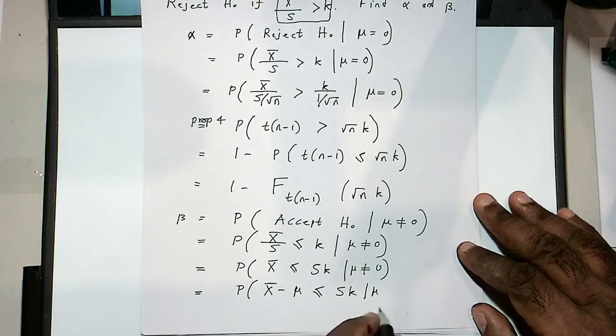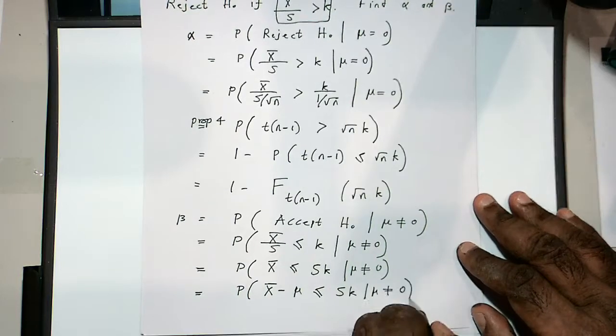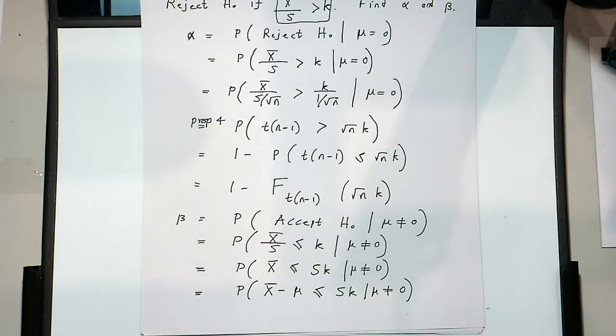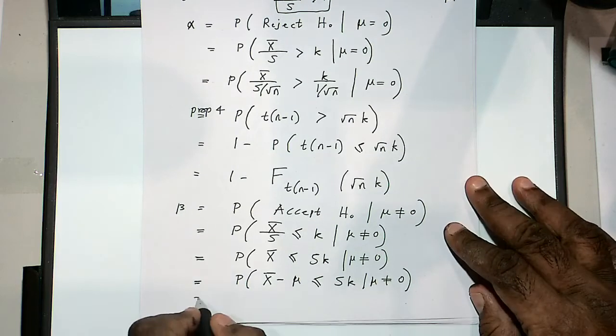Now, x bar minus mu as a variable has mean equal to 0. Now divide by s over root n.